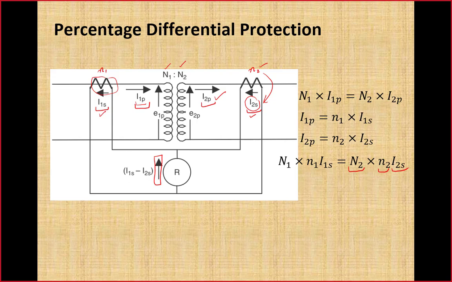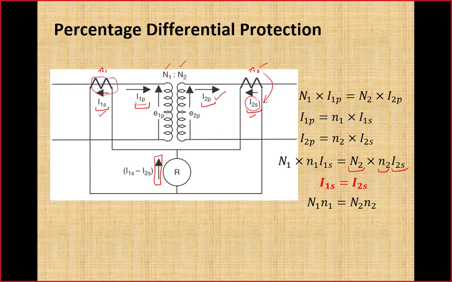So we will have to equalize these two CT secondary currents. This is the requirement for the application of differential relay. During normal condition, when no fault is there, the two side currents I1S and I2S should be equal to each other.